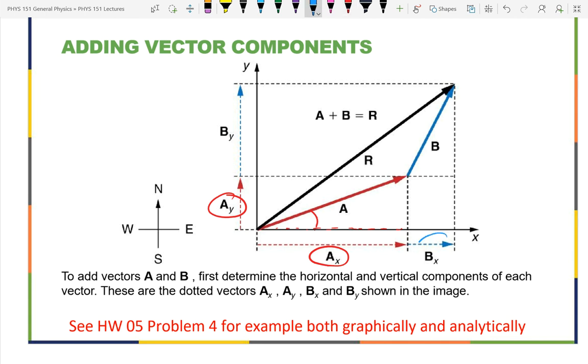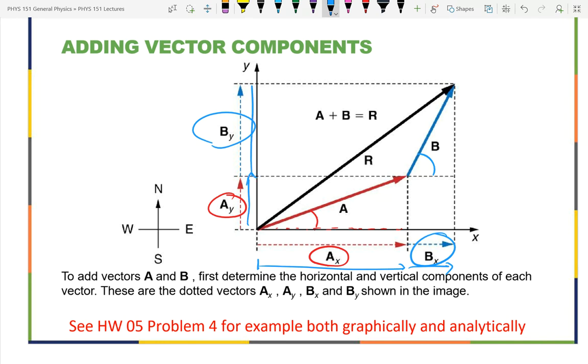So you find the B components based on your angle there. And then you add the A's, or the x components. So here's A_x plus B_x to find the resultant. And you add your y components, A_y plus B_y, to find your total in the y direction.